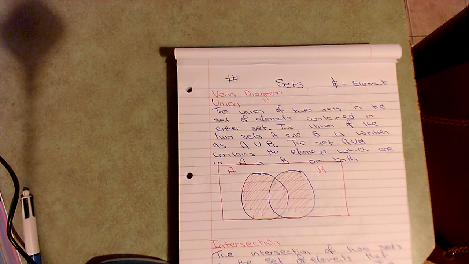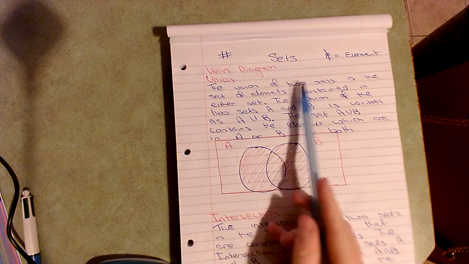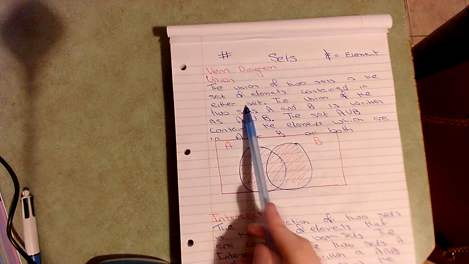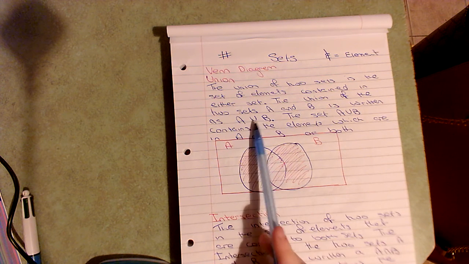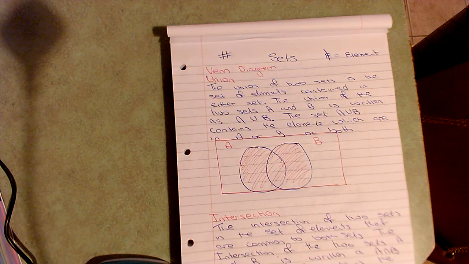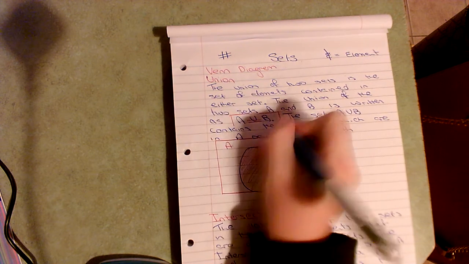I just want to introduce you to what a union is. The union of two sets is a set of elements contained in either set. The union of the two sets A and B is written as A∪B. Girls, this is another symbol that we need to learn. It's a capital U, and that's for the union.